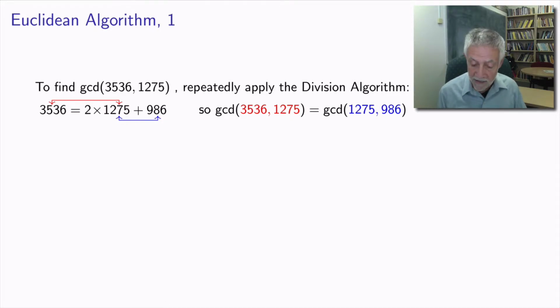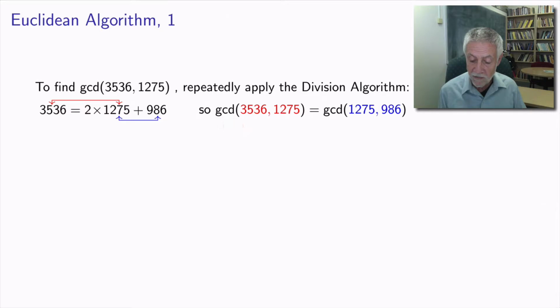Conversely, if I take any divisor of 1275 and 986, then because it divides 1275 and 986, from this equality we see it must divide 3536. So the upshot is that any divisor of those two is a divisor of these two, and vice versa.